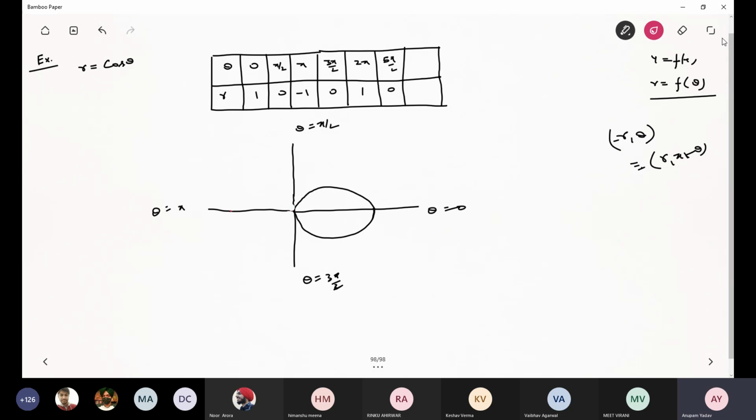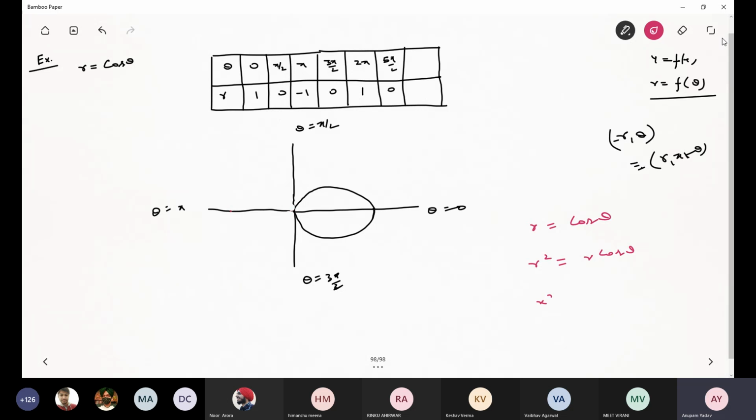This will be your r equals cos theta. Basically, it's a circle. I have drawn it in the form of a loop, but it's a circle. I can convert it into Cartesian coordinates where you are more familiar. If I multiply both sides by r, r square equals r cos theta.